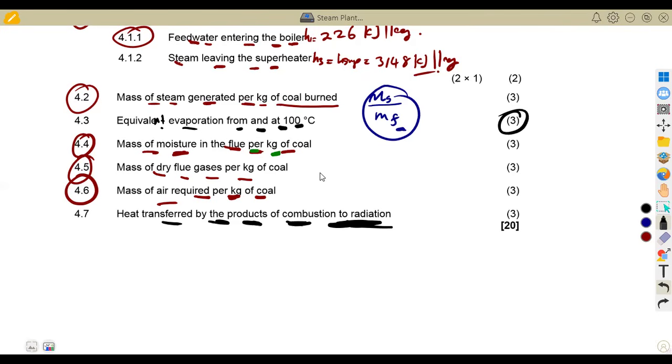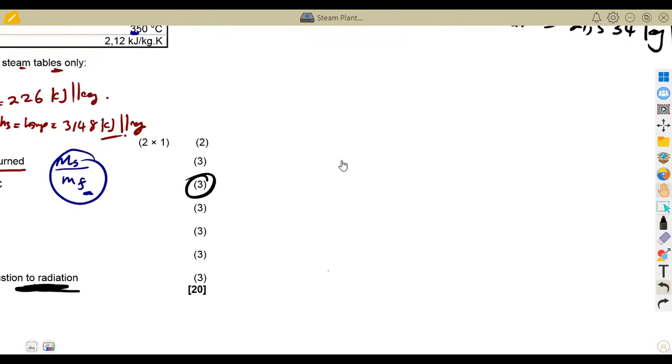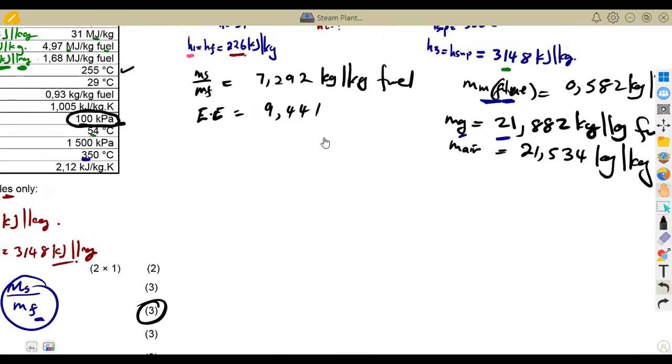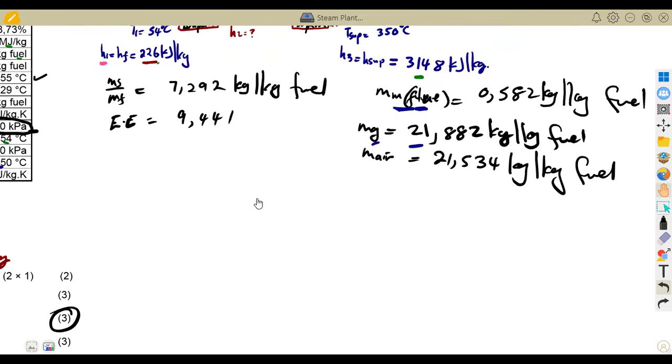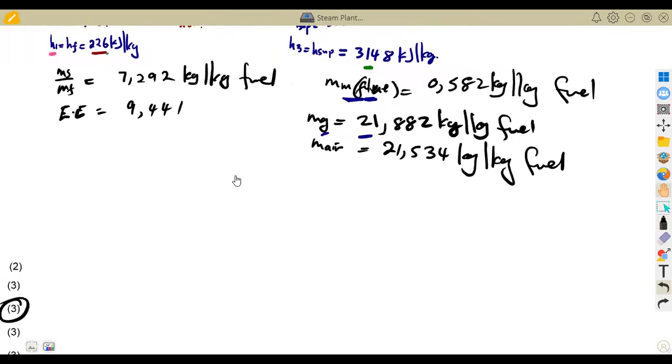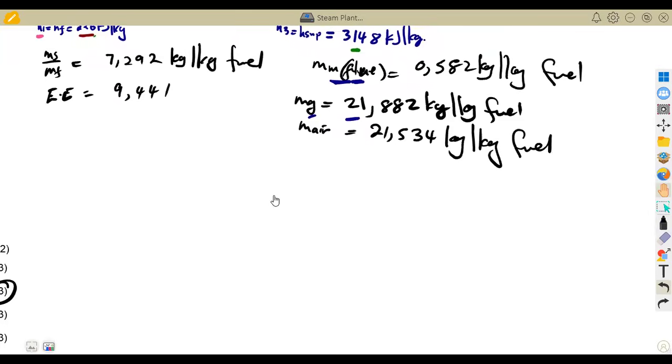So in this case, we can also work with our heat balance, or we can just consider all the heat that we have. All right, so I'm going to come back to this question with the heat balance.